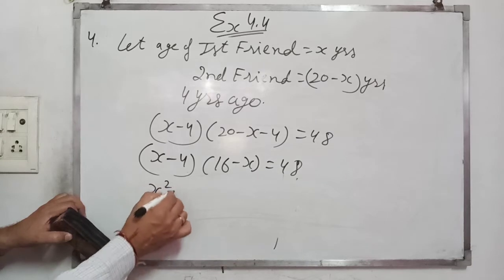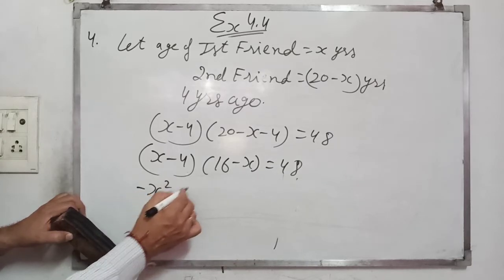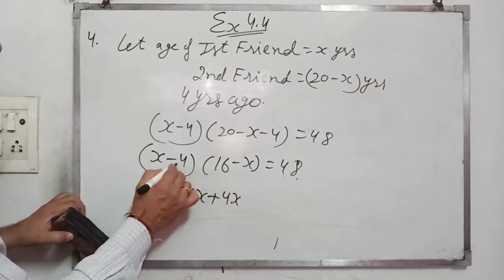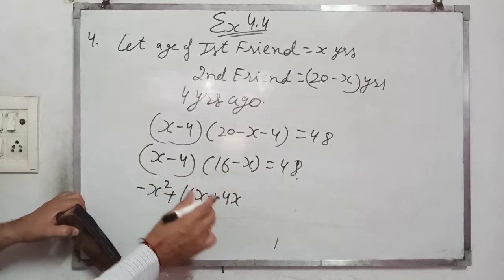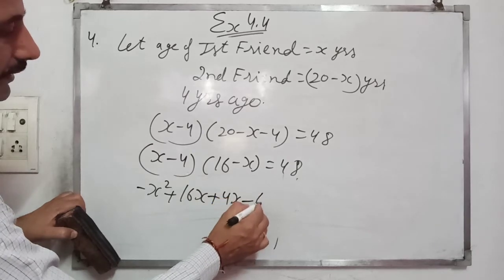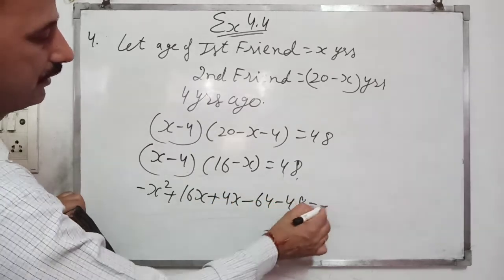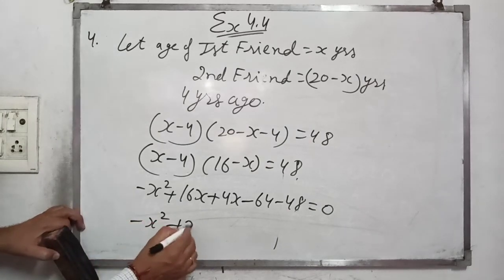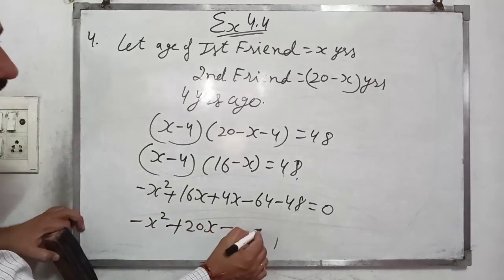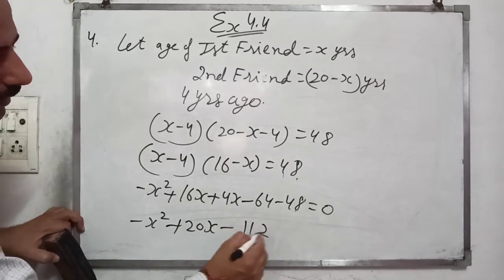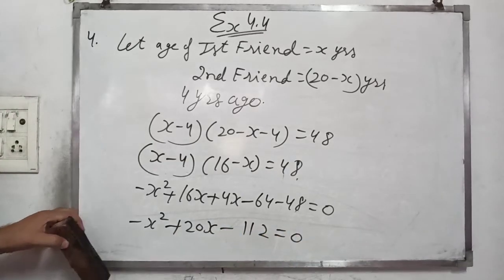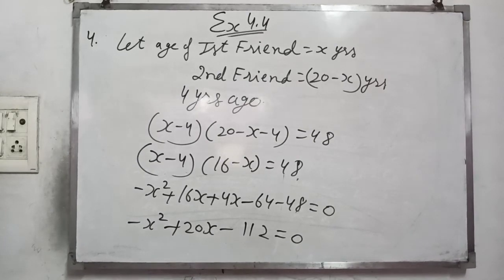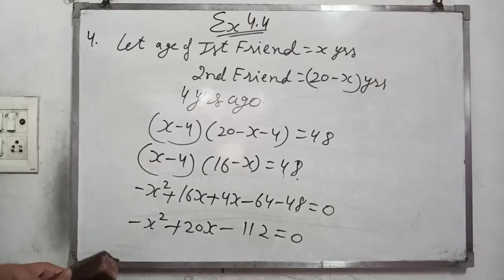Multiplying, we get minus x square plus 16x plus 4x minus 64 minus 48 equal to 0. So you get minus x square plus 20x minus 112. Then we find the value of D.